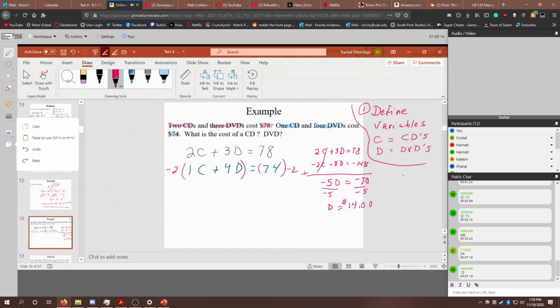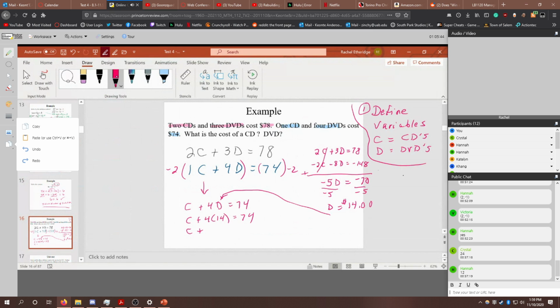Now I'm going to go back to this original second equation. So I get 1 CD plus 4 DVDs equals 74. So I'm going to plug in $14 here for D. Since it's even, I'm just going to leave off the zeros since I don't have any zeros on this side.